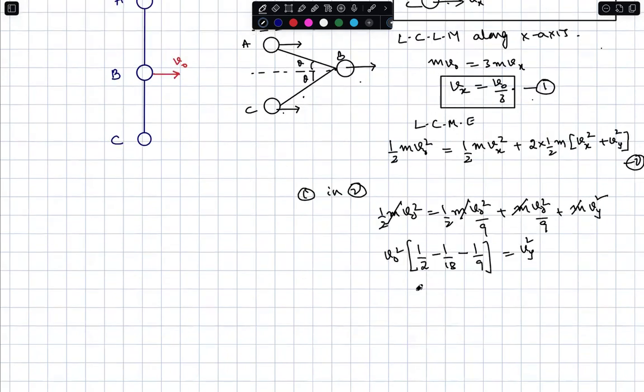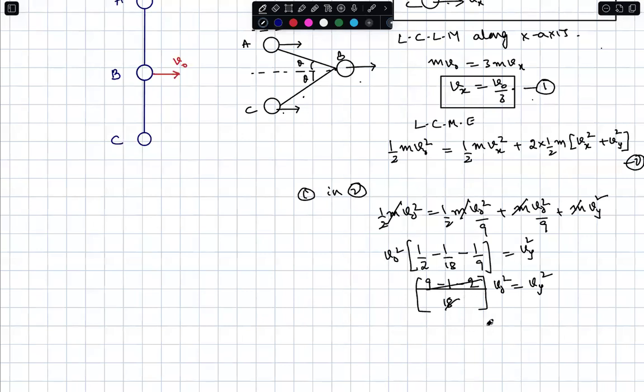Now the LCM is undoubtedly 18. 9 minus 1 minus 2 gives you 6 by 18 times v0 square is vy square. This will go 3 times.